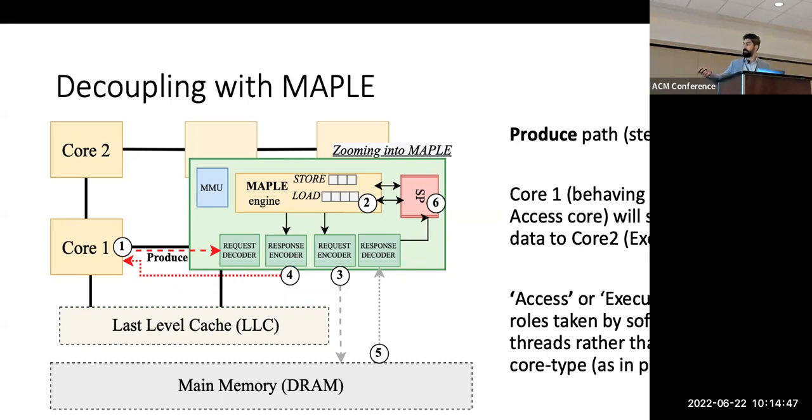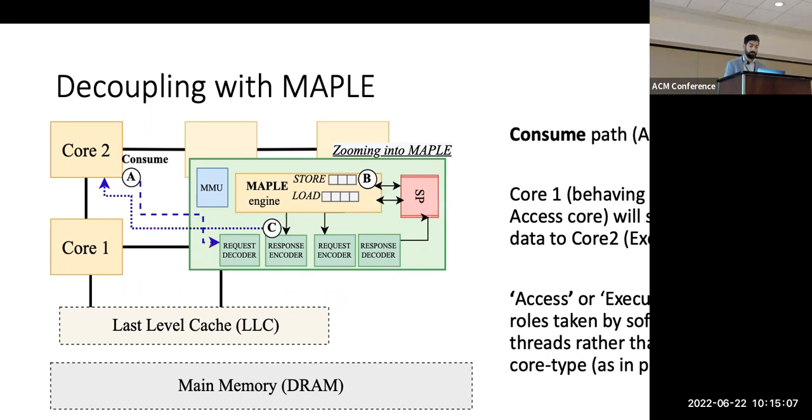The request eventually reaches main memory, as it was issued previously by Maple, and then the response goes back to the issuer Maple, which stores it into the queues that are mapped as circular FIFOs in the Scratchpad.